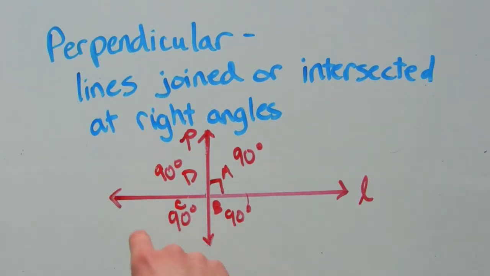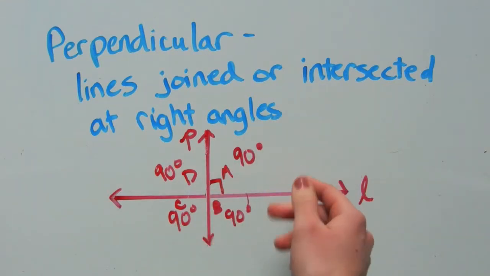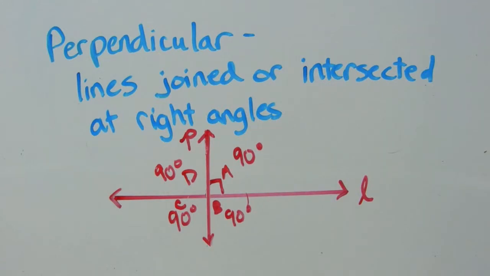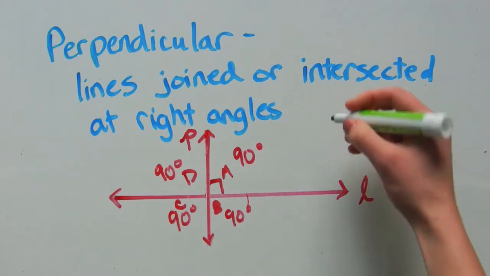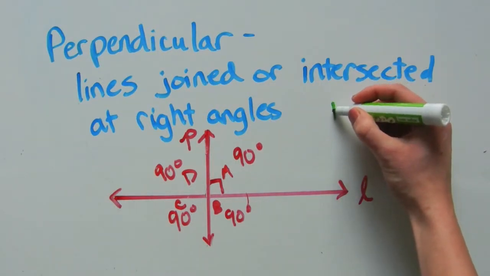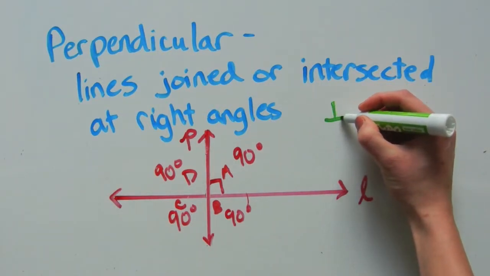And again, you can have perpendicular lines. You can have a perpendicular with a line and a ray, a perpendicular with a line and a segment, 2 segments that are perpendicular, and so on. The symbol for perpendicular looks a lot like 2 perpendicular segments.